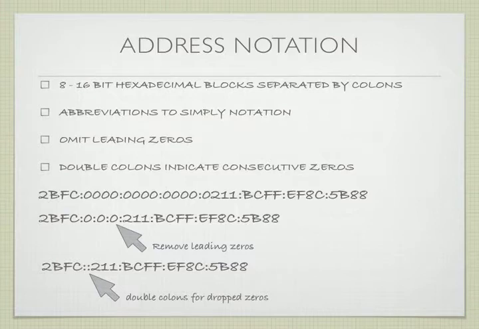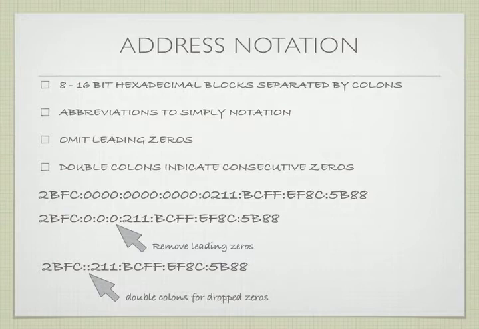Now obviously if there's multiple sections with zeros, say BCFF and EF8C were also zeros, you cannot drop them too, because then you don't know how many are being dropped and where. So you can only drop the biggest section of consecutive zeros.